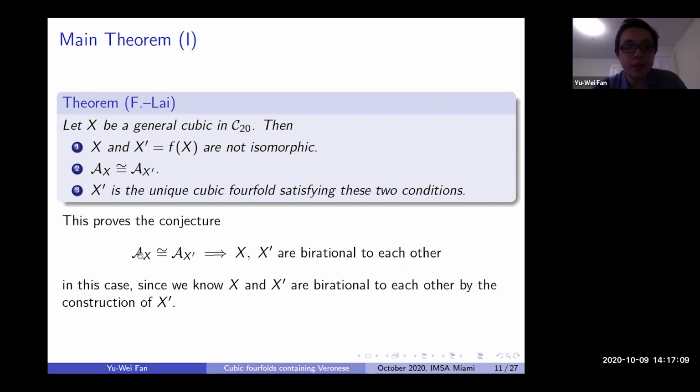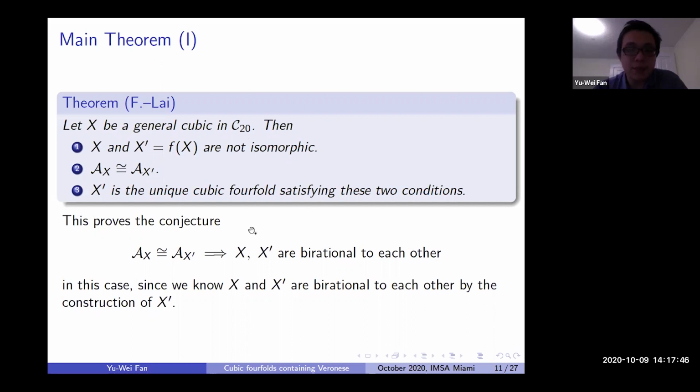When one of them is a general cubic in C20, by this theorem, assuming X is a general cubic in C20, then X prime must be either X or X prime, because X prime is the unique cubic fourfold satisfying the second condition.